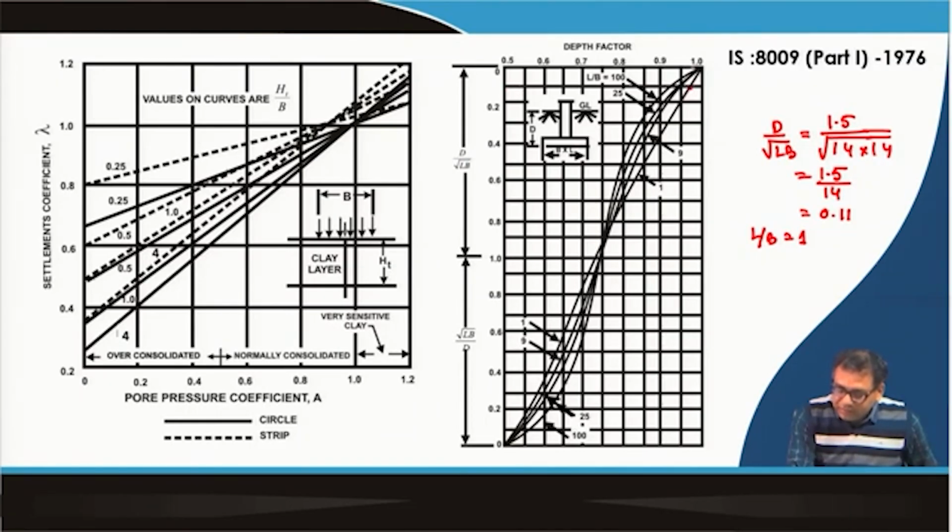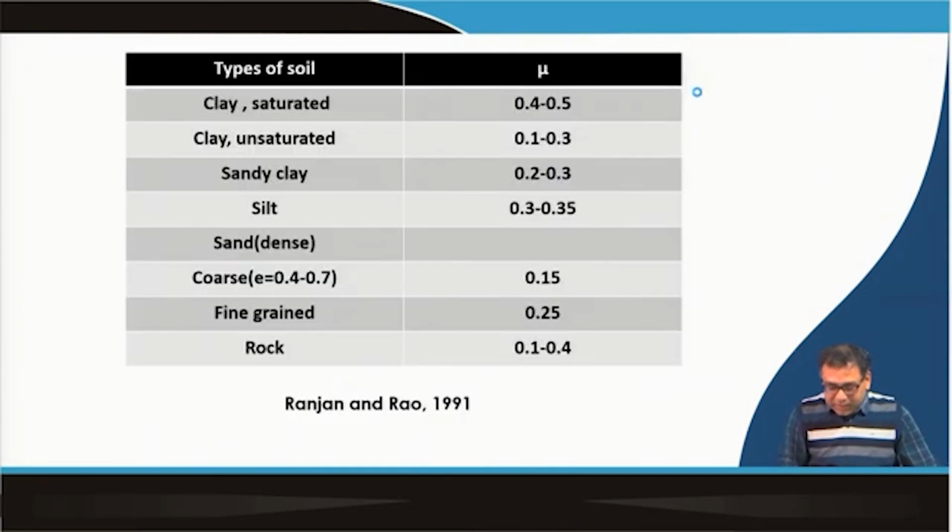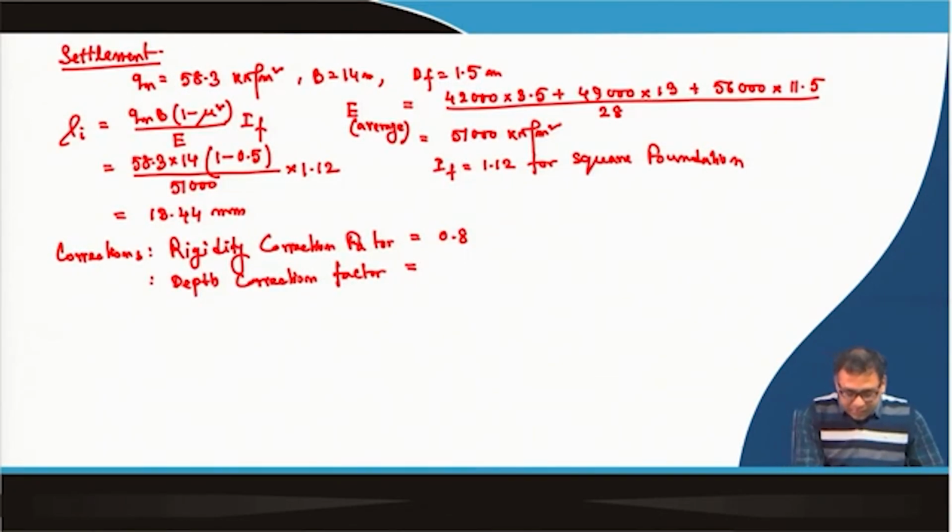So, this value is roughly 0.96. Okay. So, this correction factor is 0.96. This will be the value, so the depth correction factor is 0.96.